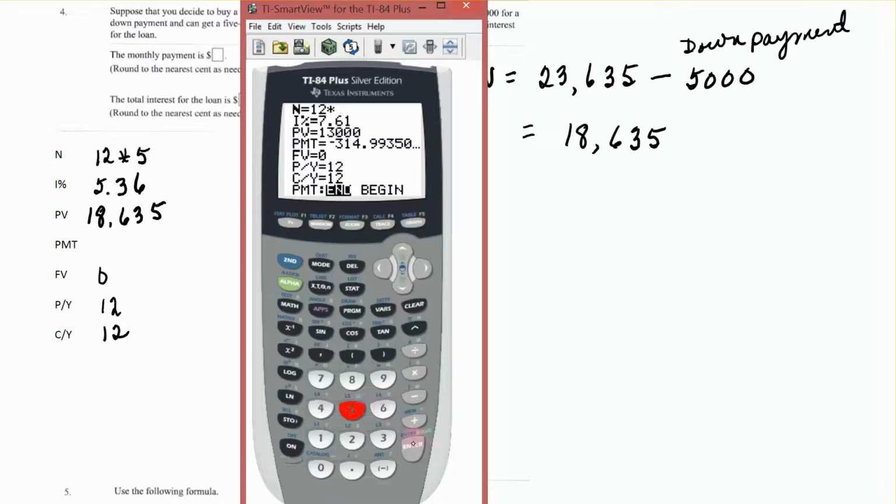12 times 5, which is 60. 5.36 is your interest rate. After the down payment, you're borrowing $18,635. And we can go ahead and calculate payment. Alpha, enter.